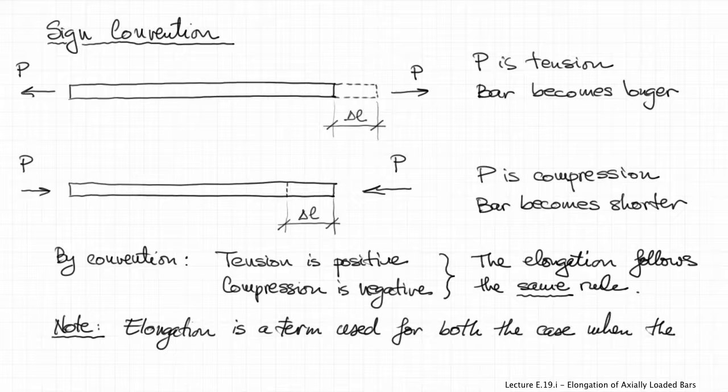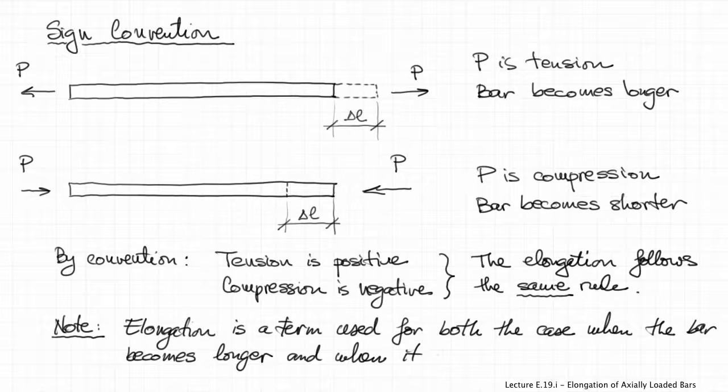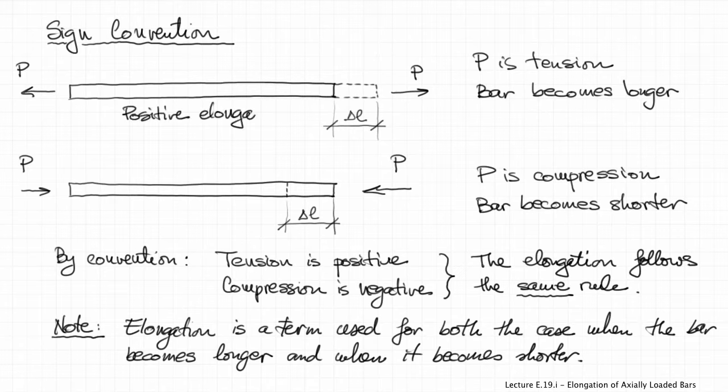Now, a small note: the term elongation is used both when the bar becomes longer and when it becomes shorter. It may sound a little counterintuitive for the latter case, but we always call this deformation elongation. It's just that in certain cases the elongation is positive when the member becomes longer, and in other cases the elongation is negative, of course, when the member is under compression and it becomes shorter because of that.